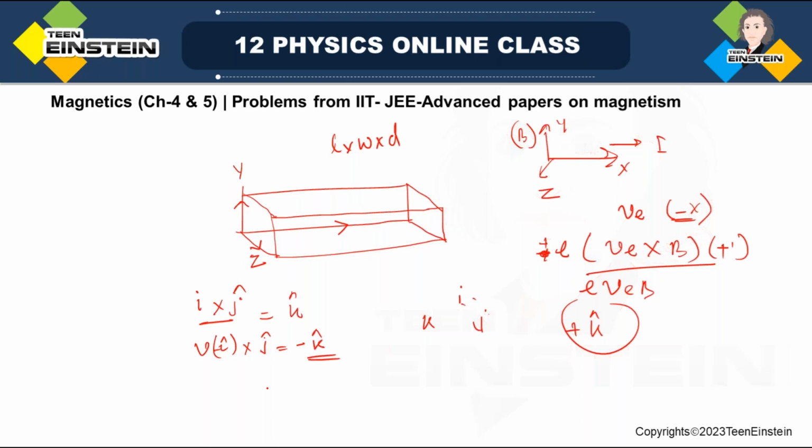So electrons will be deflected in the negative k direction.